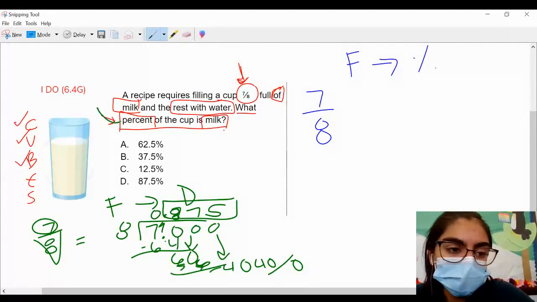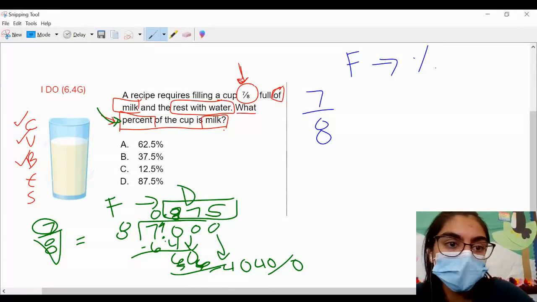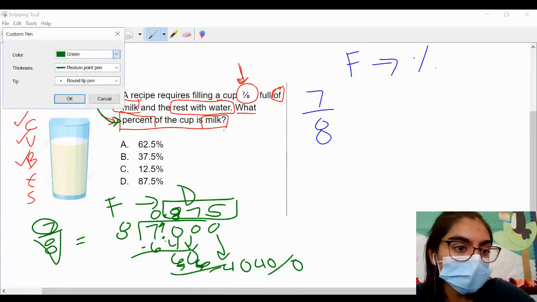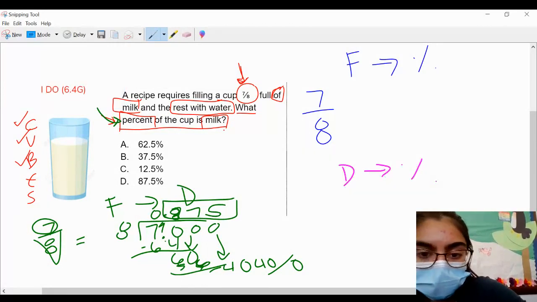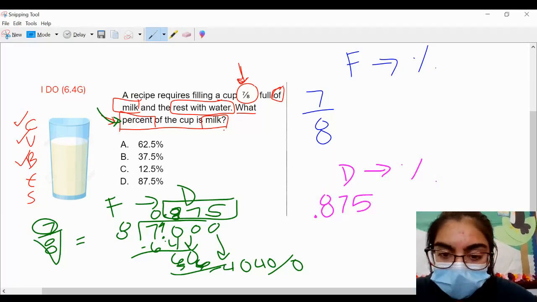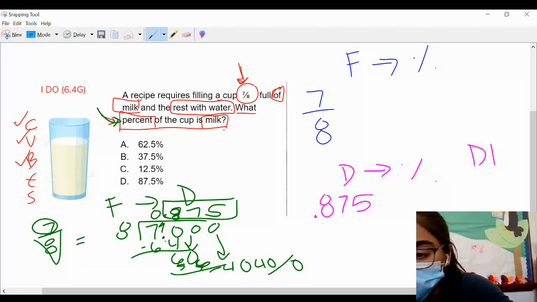No, because it says to convert to a percent, not a decimal. So I'm going to take it one step further in a different color. I'm going to do decimal to percent. Now I have my 875 thousandths, and I have to remember the Dr. Pepper formula.